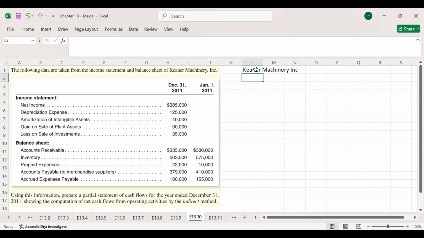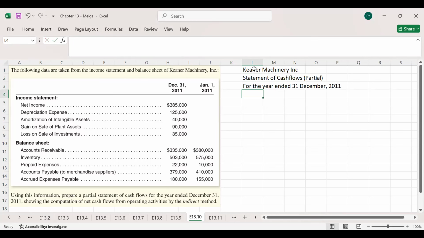Then what we are going to prepare is the statement of cash flows, and here it is partial cash flows, and this is for the year ended 31st December 2011.